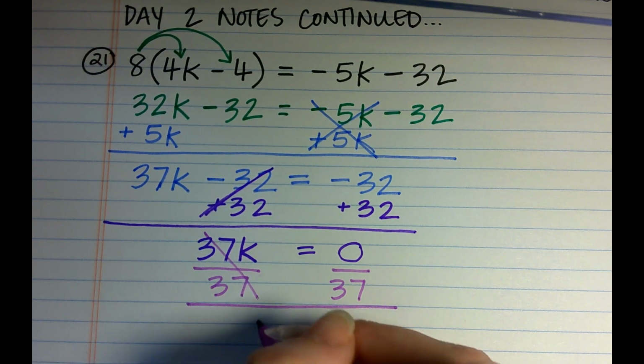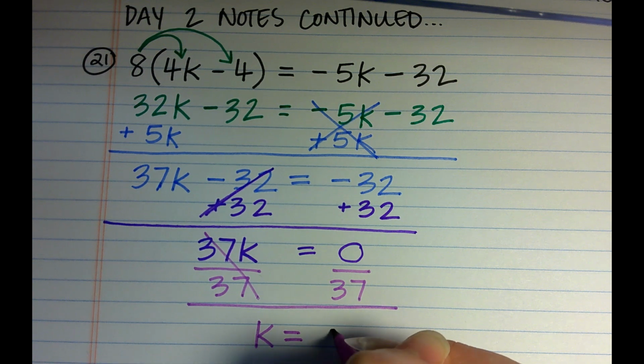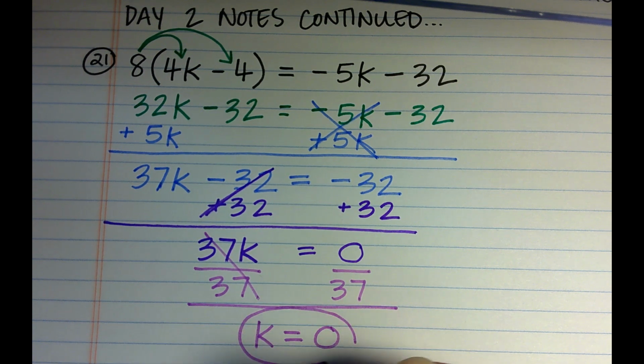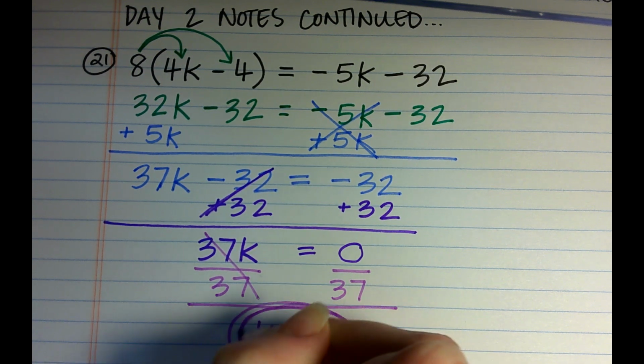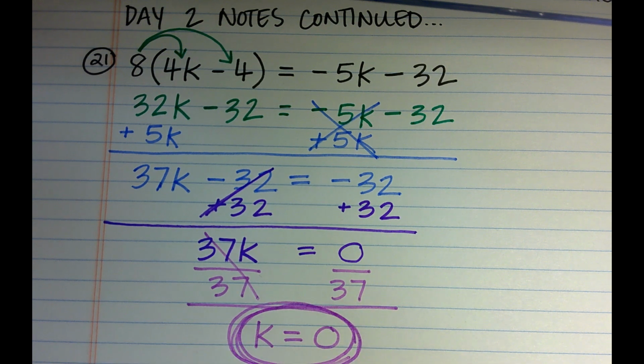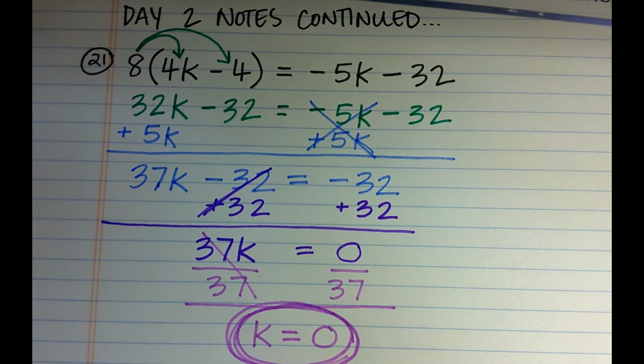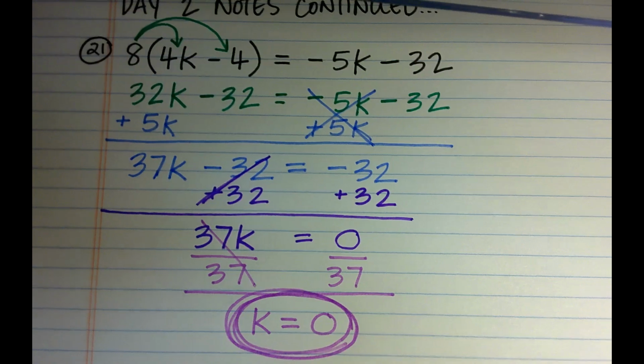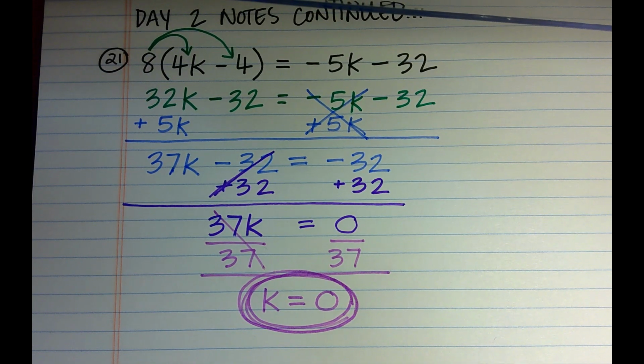So we get an answer of k equals 0. Always looks scary at first go, but if we go slow, do one thing at a time, it's not so bad.